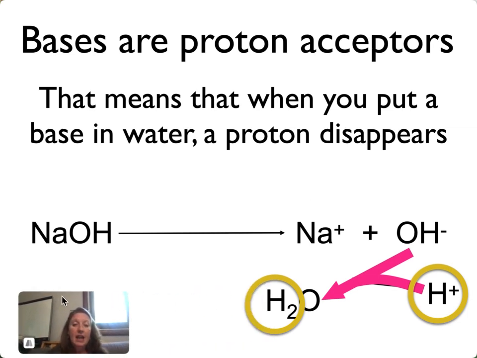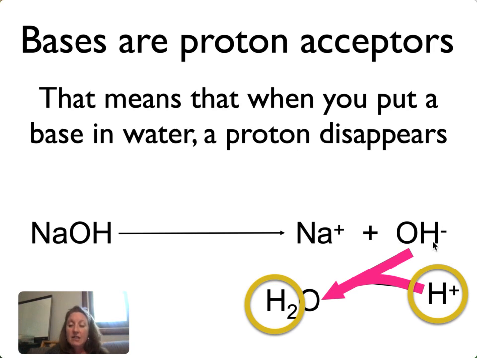Bases, on the other hand, are what we call proton acceptors, or you could think of them as proton thieves. So that means that when you put a base, this is sodium hydroxide, also known as lye, in water, the water again separates the ions into sodium and its anion, which is called hydroxide.